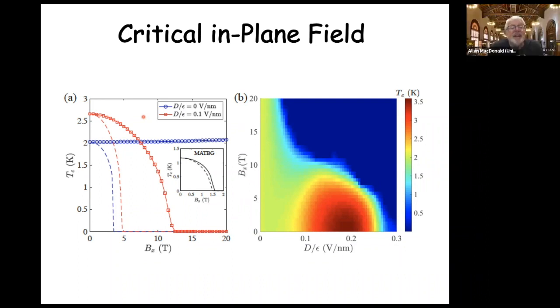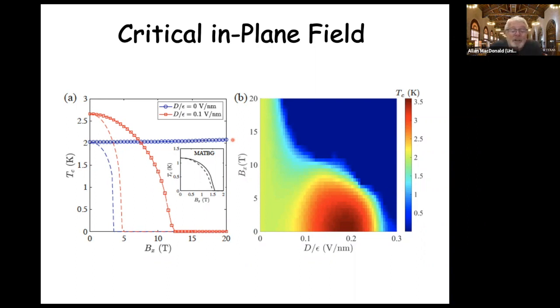But one thing that happens in our calculations, like this blue line here, when we have the mirror symmetry, there's no hint in our model up to arbitrary field that the superconductivity goes away. That's not what the experimental finding is. They do find eventually they destroy the superconductivity.